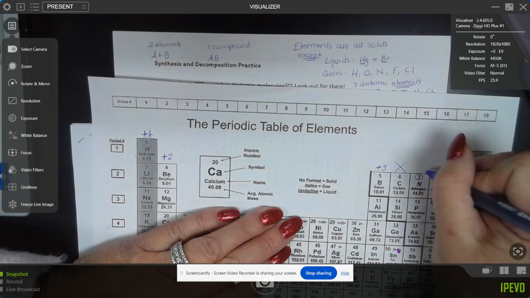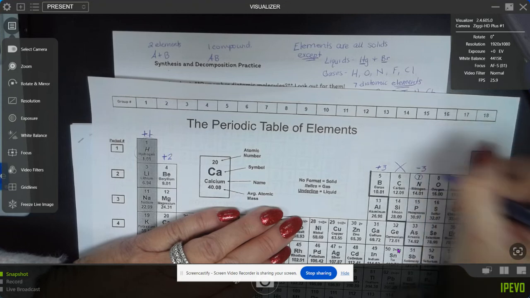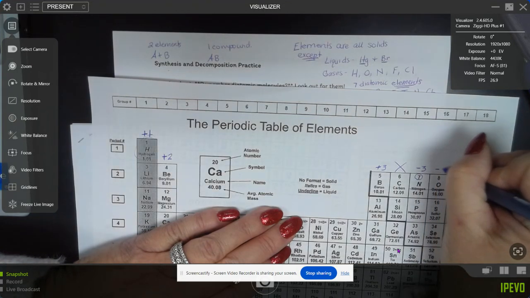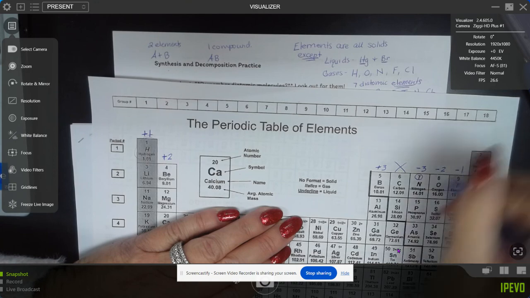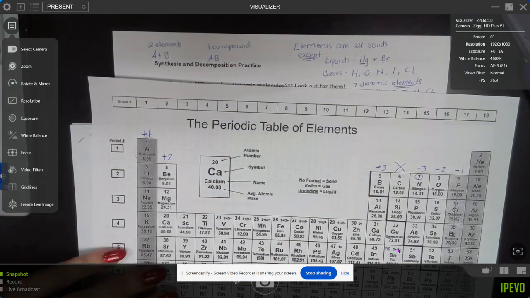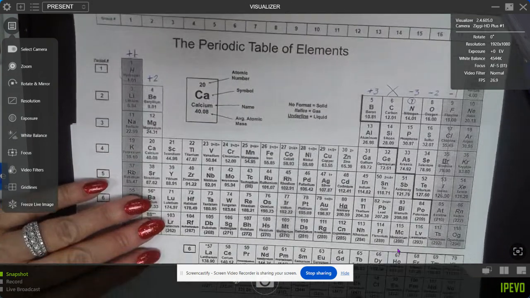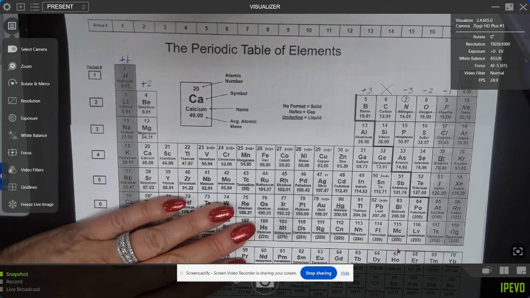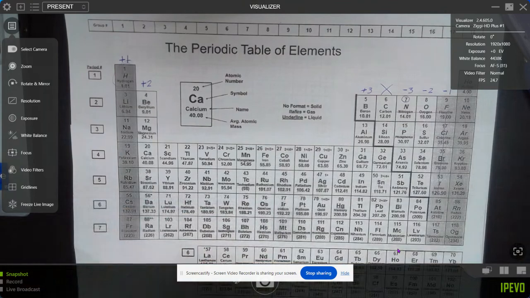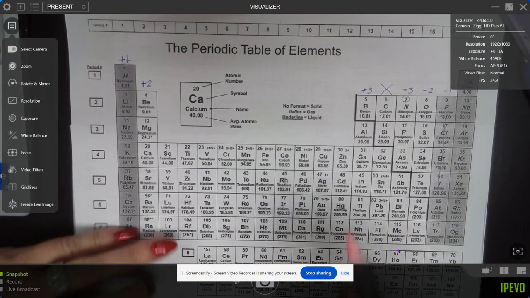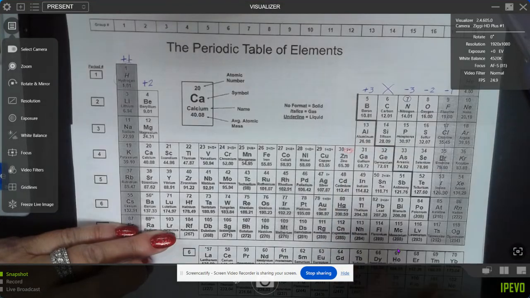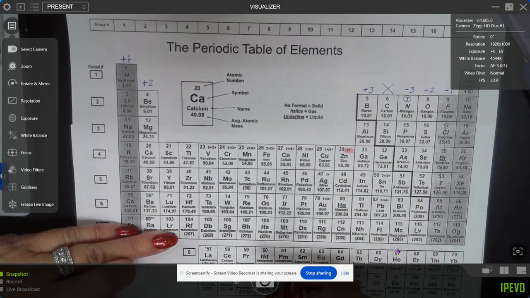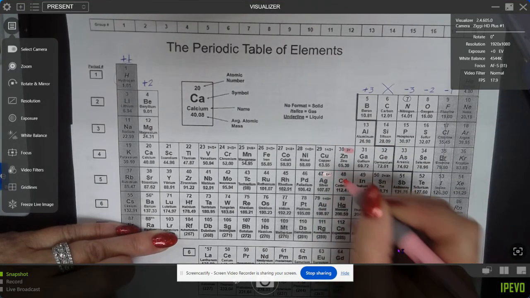Group 15, everything forms a -3 ion. 16 is a -2. 17 is a -1. The middle, remember, those are transition elements. The only two in the middle that you will need to remember are zinc, I'm going to highlight these, zinc always has a +2, and it says it right there. And silver always is a +1.